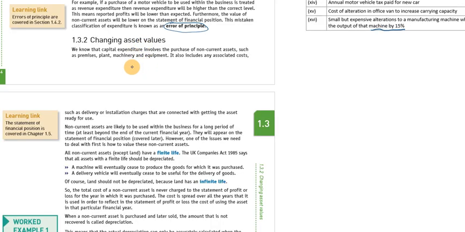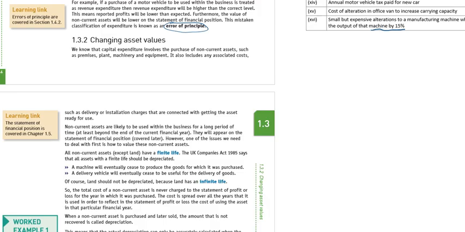What does it mean? Until now, we considered that the purchase price will be the only cost of a non-current asset. But in this class, I will tell you the purchase price will not be the only part of the cost of an asset.